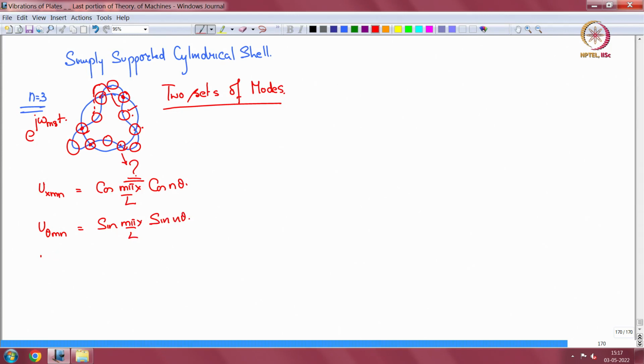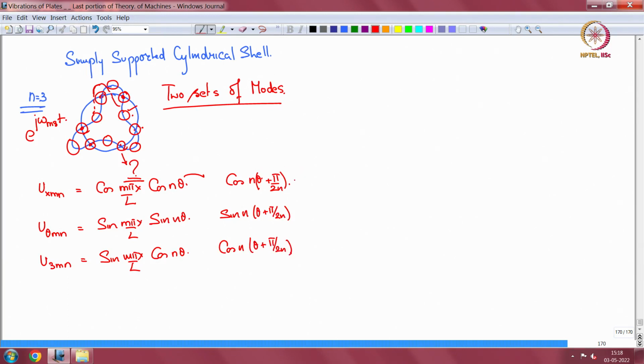Then U3mn is sin m pi x by L cos n theta, but the other set is cos n theta plus pi by 2n, sin n theta plus pi by 2n and cos n theta plus pi by 2n. So, this gives me the rotation.